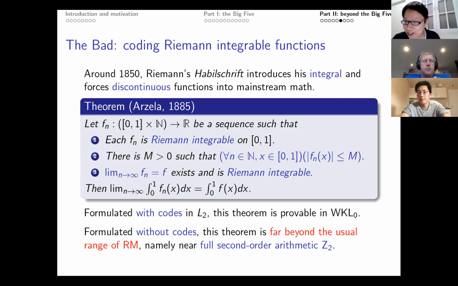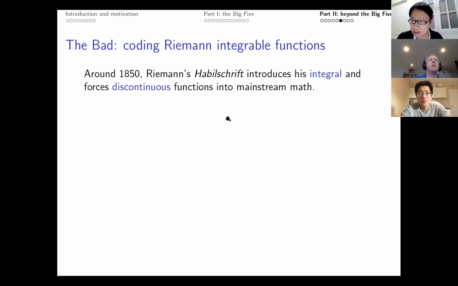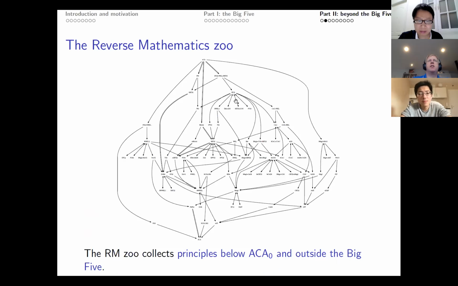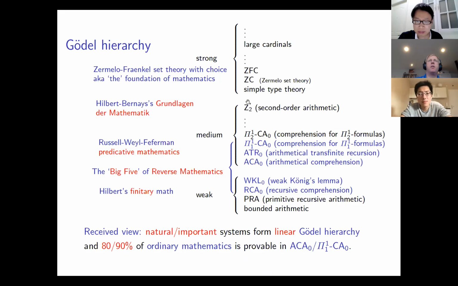Okay. And any more questions? Yeah, maybe a general question. So what is the scope of higher order reverse mathematics? Is it up to ZC? I would say higher order reverse math should not go beyond this level.